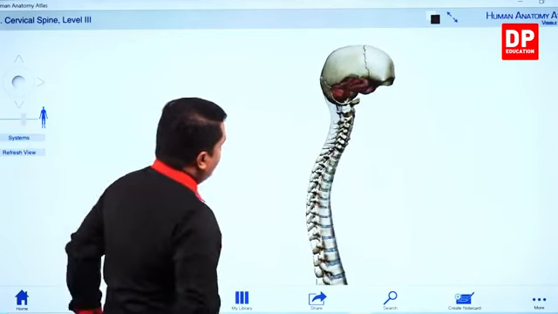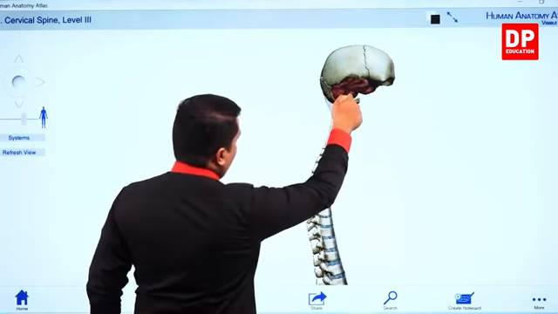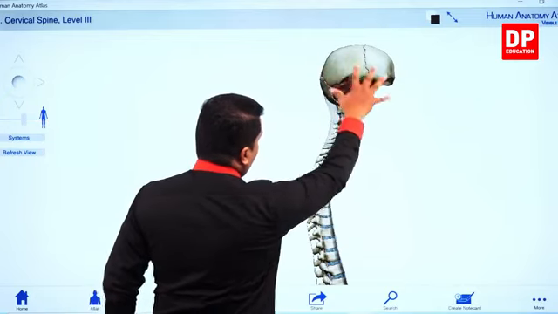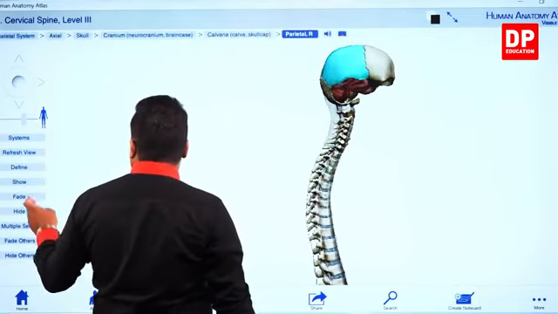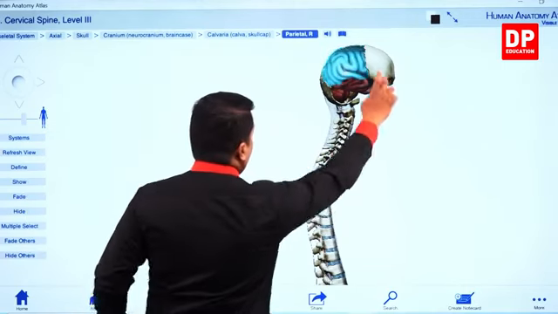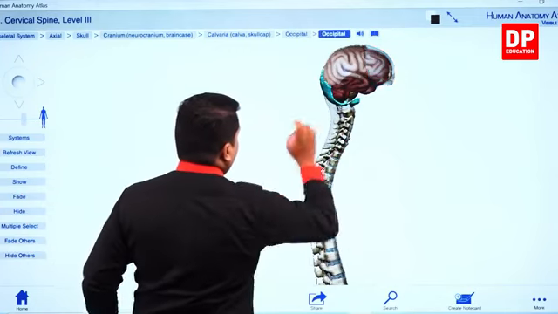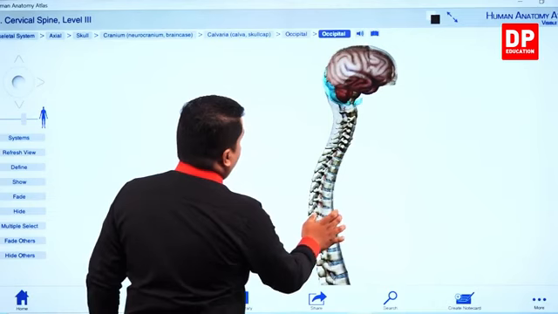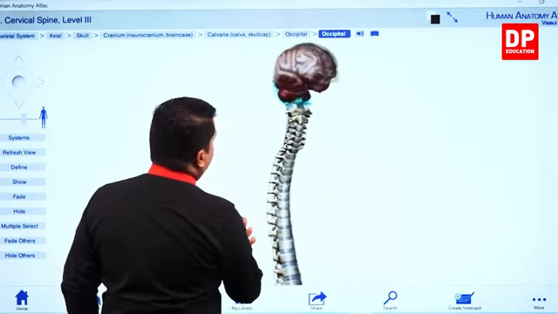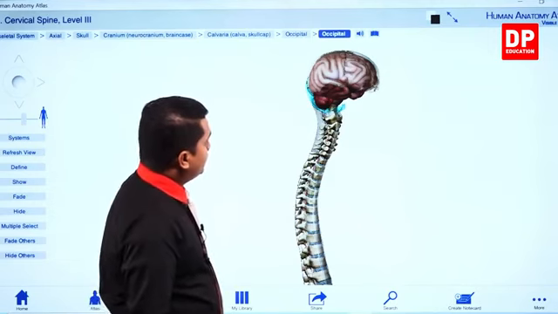Okay, now I'm going to select the skull. You can see that the brain is located within the skull. So I'm going to select these skull parts and fade them so that you can see the brain quite well, like this, right? So children, now you could observe the three main categories contained in the brain.